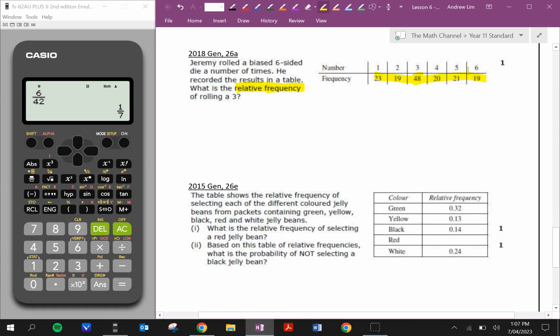So let's add all those numbers together. 23, 19, 48, 20, 21, and 19, 150 times. So the relative frequency of rolling a 3, which is a probability, is 48 out of 150. What does this simplify to? 8 on 25.